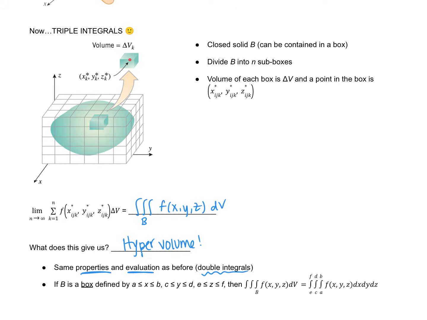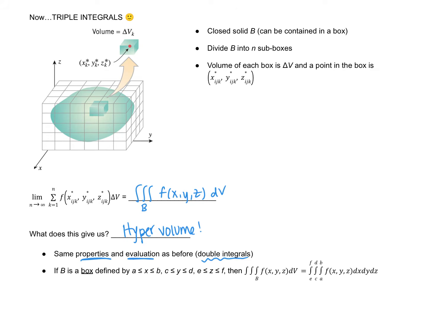One quick tidbit: if our B is really nice and it's a box where x is between two values, y is between two values, and z is between two values, then when you set up that triple integral, you're integrating with respect to x, y, and z with those limits of integration. That is when you have some nice rectangular coordinates, but that will not always be the case, of course.